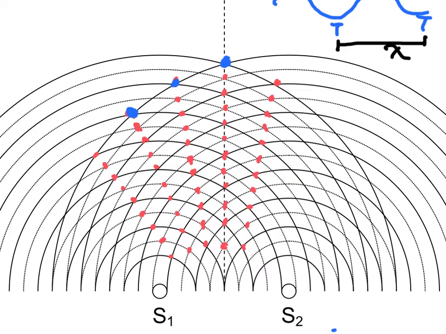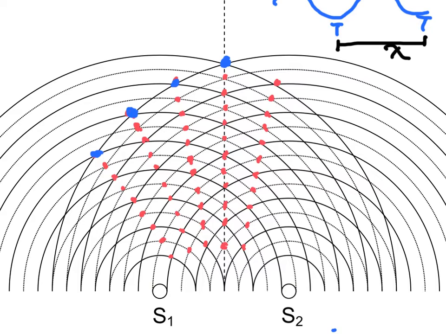If it travels 6 wavelengths from here and 8 wavelengths from here, I think we can all agree that the wave from source number 2 travels a bit further. How much further does it travel? It actually travels 2 full wavelengths further. And of course, from S1 and S2, if you take a look at this last point, I'll just shade it in blue, you can see that it must now be 3 wavelengths apart.